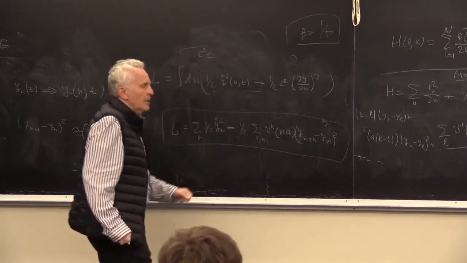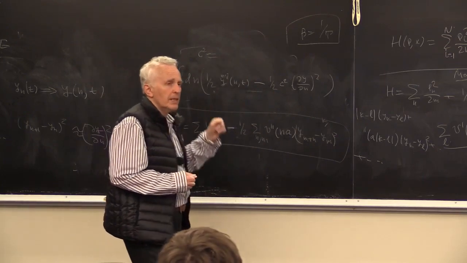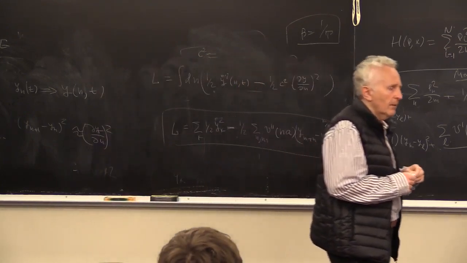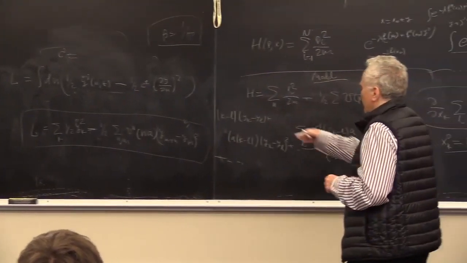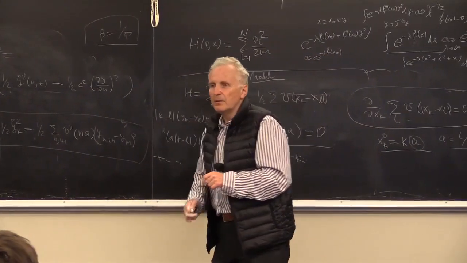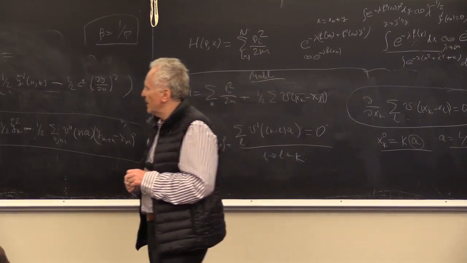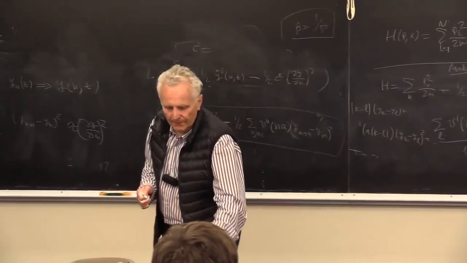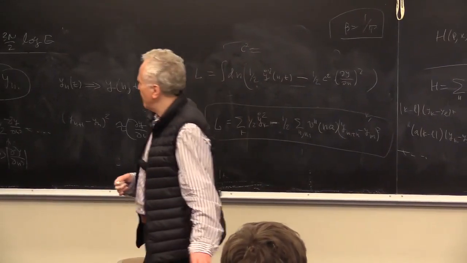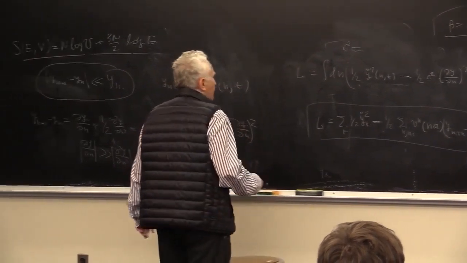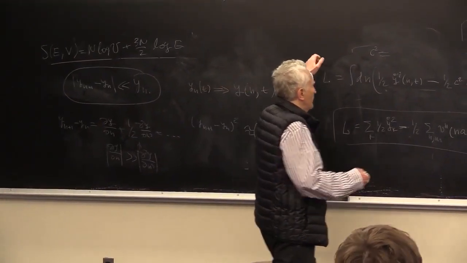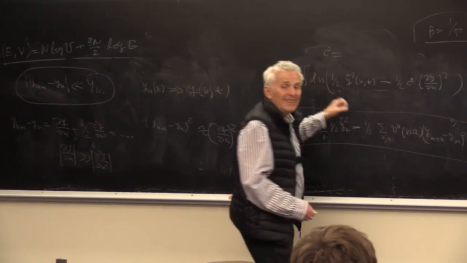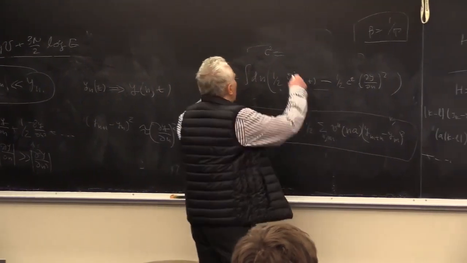So what is the speed of sound in terms of the potential of the crystal? You can figure it out by looking at this expression. Just V double prime times a?